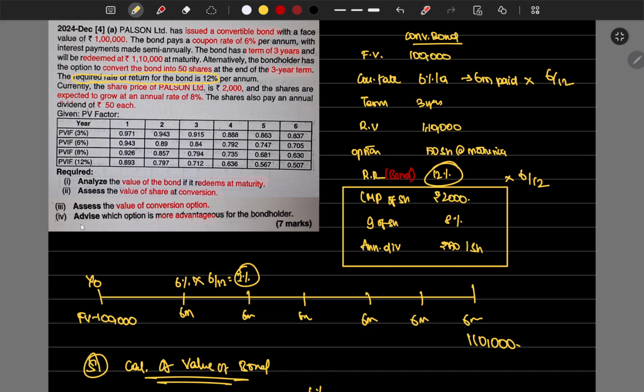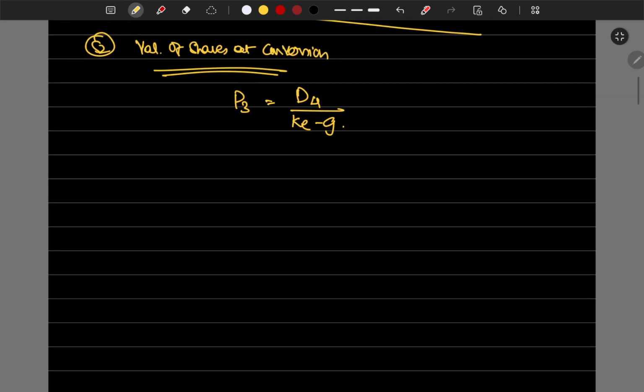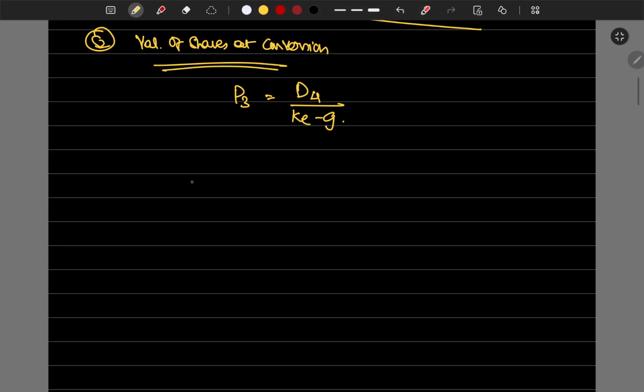We don't know the required rate of the shares, so we have to find it out by reversing the formula. We have the P0 value: P0 = D1 divided by KE minus G. Rearranging, KE = D1 by P0 plus G. What's the D1?